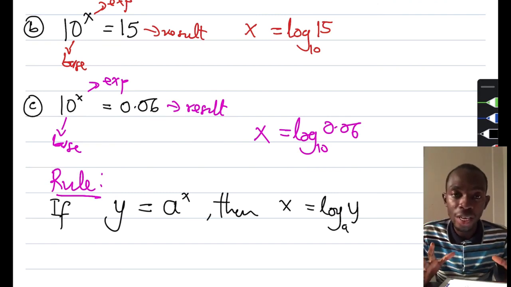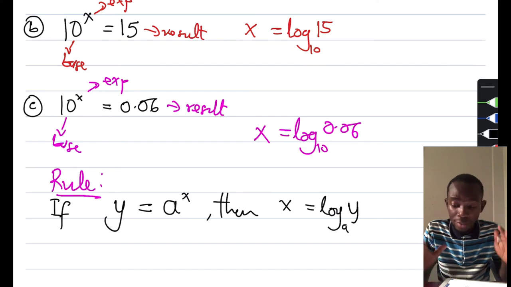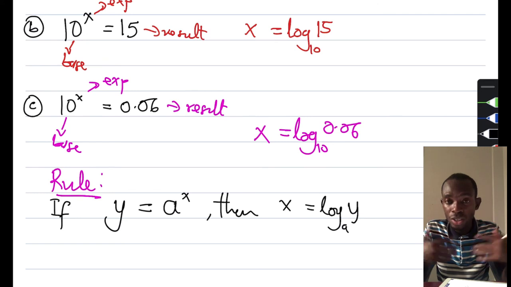This is something that you can always use and employ in your workout. So this is how we do it. We are just changing the subject. That's all that log seeks to do.